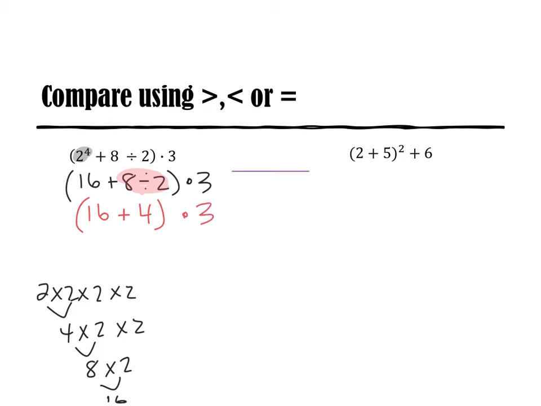Okay, still have to work in our parentheses to follow order of operations. So we have to do 16 plus 4, which is going to give us 20. And then we can drop our parentheses because it's just 20 in there. And now we have our last and final step, which is 20 times 3, which is going to give us our final answer of 60 on this side.